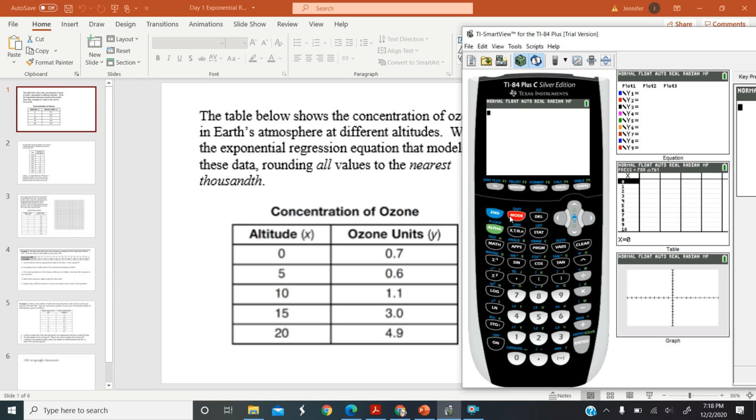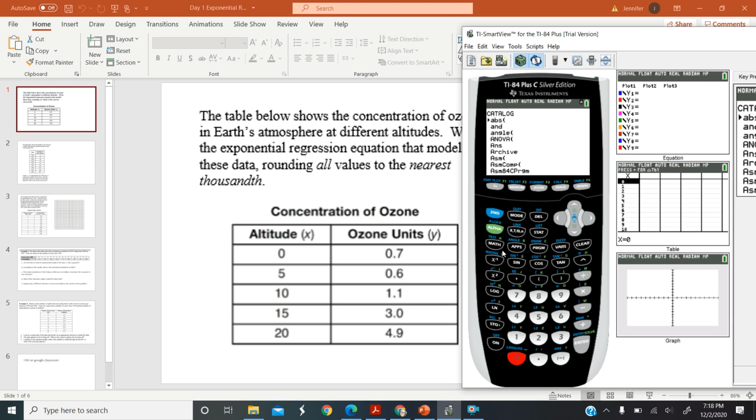And then before you actually calculate your equation, one thing you're going to want to double check is make sure that your diagnostic is on. And that means that it'll give you the R squared value, which shows correlation and how good of a model it is. So you're going to press second catalog, and then you want to turn diagnostic on.